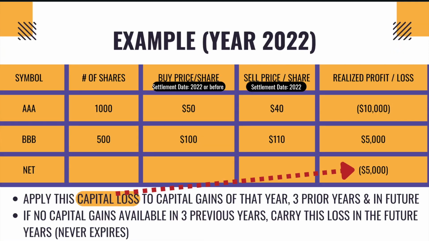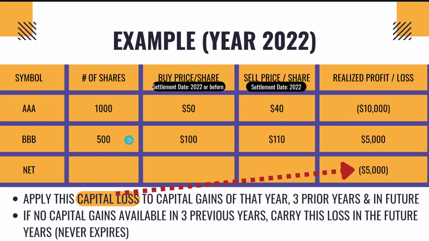So let me give you an example. Let's say this is the year 2022. I bought 1,000 shares of stock AAA at the purchase price of $50, and then I later sold them at $40. So I have a loss of $10 per share times 1,000 shares, so the net loss is $10,000.